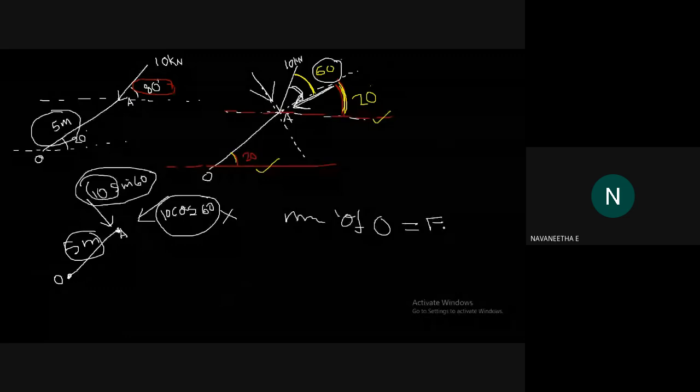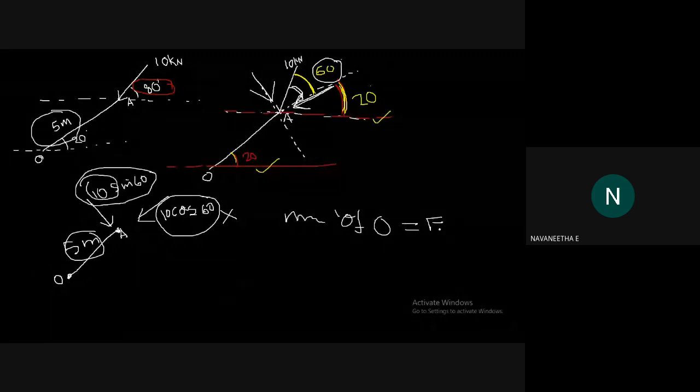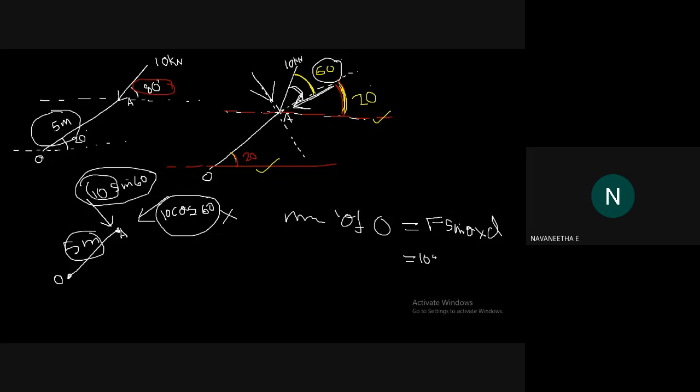F into, in this case we need to consider the y component. So F sine theta into perpendicular distance. Here F sine theta is 10 sine 60 into D, which is 5 meter.